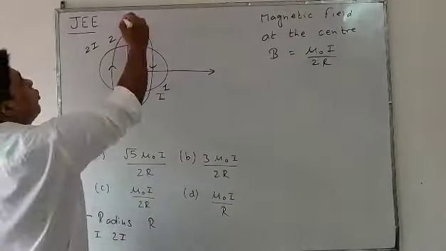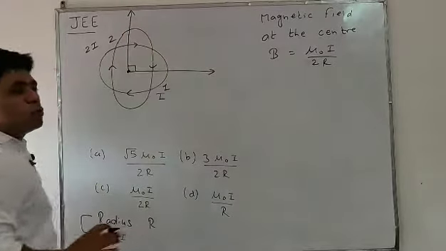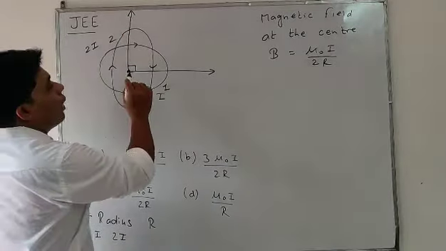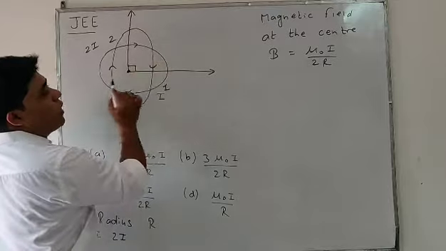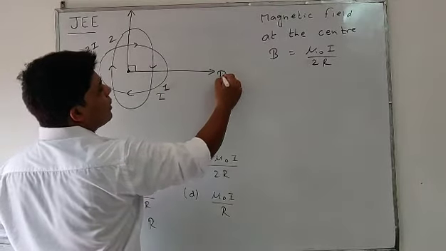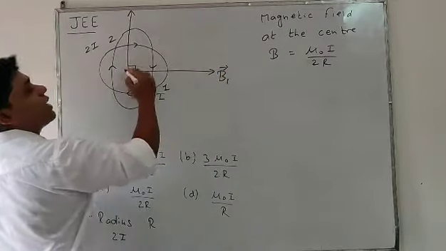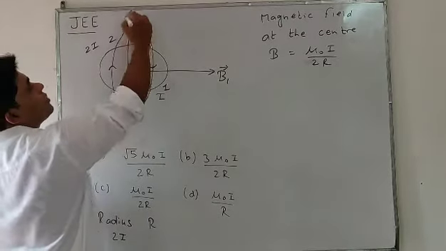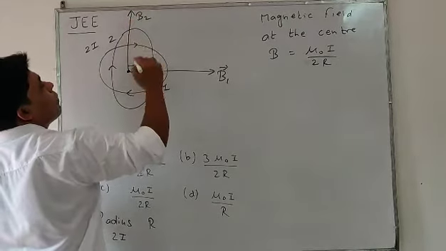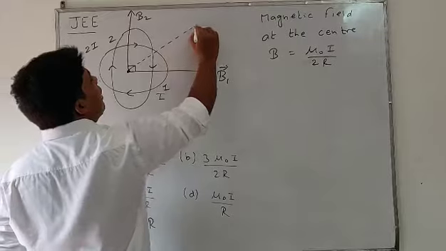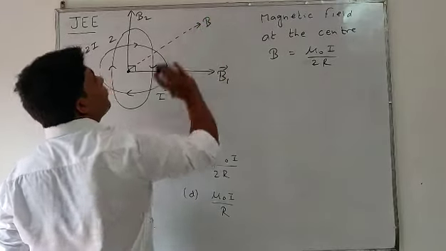Now students, both coils will generate a magnetic field. The first coil will produce a magnetic field along its axis, that is B1. The second coil produces a magnetic field along its axis, that is B2, and their resultant magnetic field will be represented by this line.